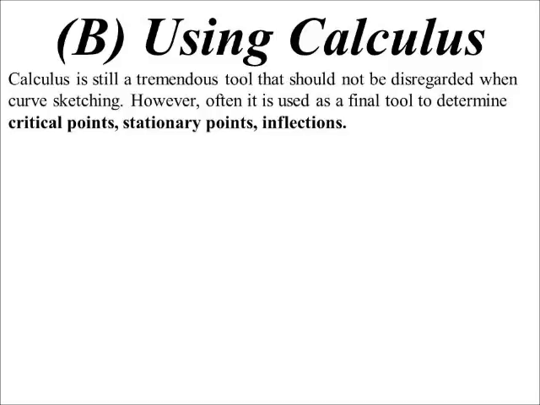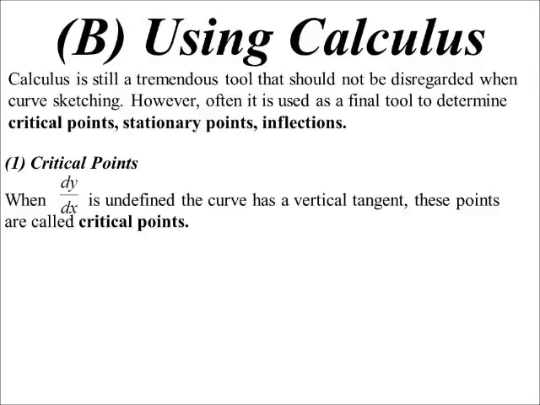However, that doesn't mean we ignore calculus. If we're unsure about an idea, we can use it to help us find key ideas: critical points, stationary points, inflections, things like that. So what was a critical point? Remember, that was when the derivative was undefined. It's actually when the derivative is undefined or equal to 0. They're both critical points.